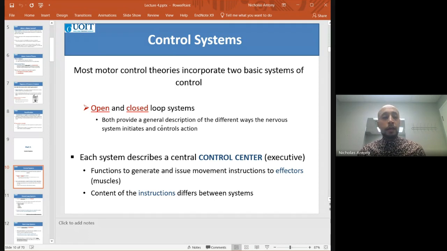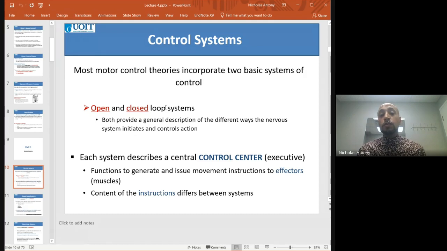Their idea is that with slowing down, you have greater use of feedback, so you can make minor corrections. Meaning that system is constantly using feedback to make minor and minor corrections. And that was their idea as to why this whole speed-accuracy trade-off seems to be consistent in motor skills. And so what they did was define what are called open and closed loop systems.